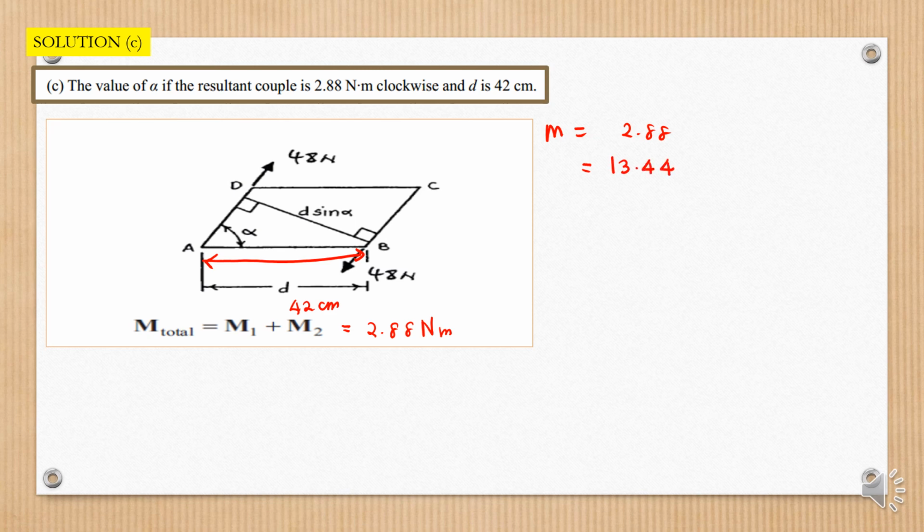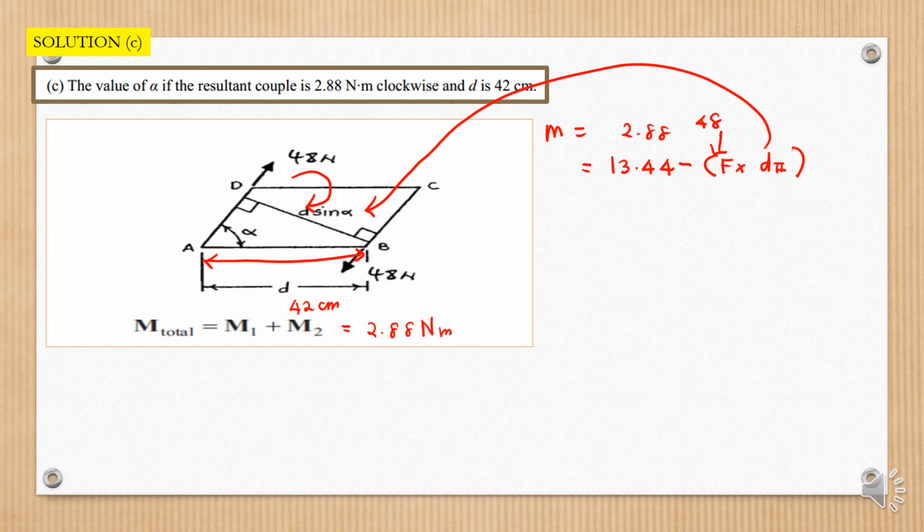Meanwhile M2, which is in clockwise direction, should be negative, F times the perpendicular distance d. The d here we get from this formula, and for F you just substitute the given value, which is 48.